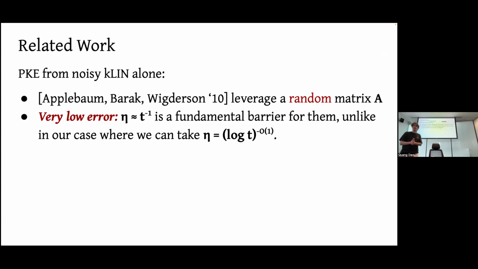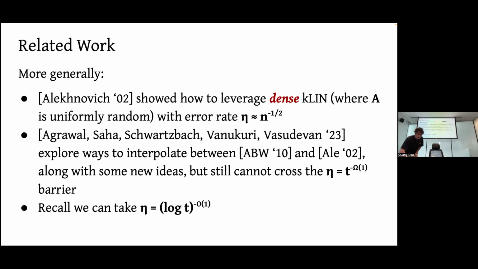Whereas we're in a regime where the error is just way, way higher in proportion to the expansion parameter. More generally, Alekhnovich back in 2002 showed how to leverage k-LIN in this dense setting, so that you can think of this as just standard random LPN.